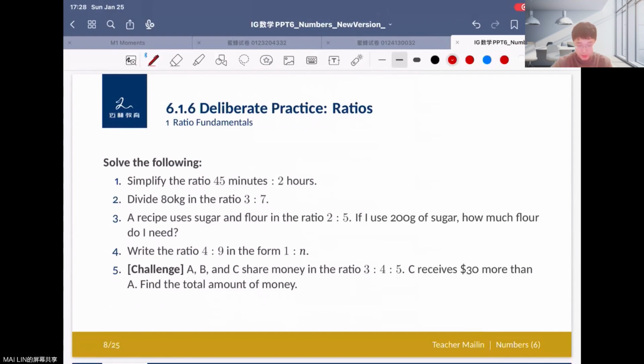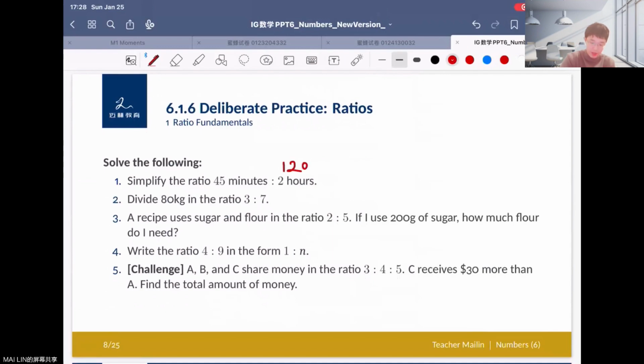For the first problem, simplify the ratio of 45 minutes versus 2 hours. As we said before, to simplify, you first have to make sure the units of the two sides are the same. An hour is a bigger unit than a minute, and 1 hour equals 60 minutes, so 2 hours is 120 minutes.